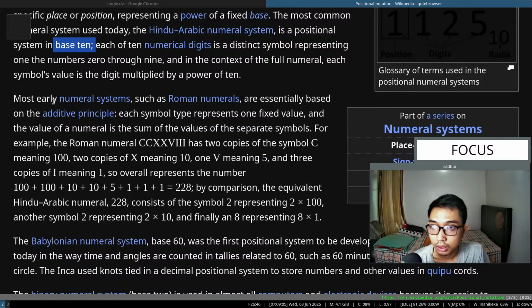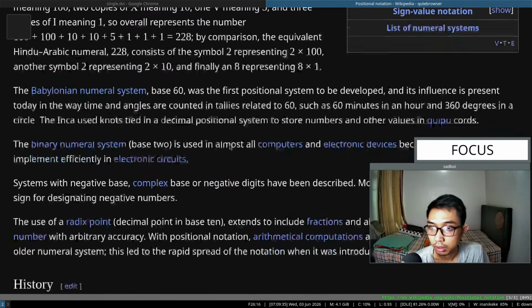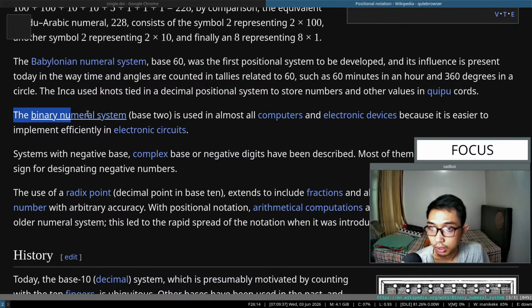Most early numeral systems, such as Roman numerals, are essentially based on the additive principle. Each symbol type represents one fixed value, and the value of a numeral is the sum of the values of its symbols. Okay, let's take a look at this.